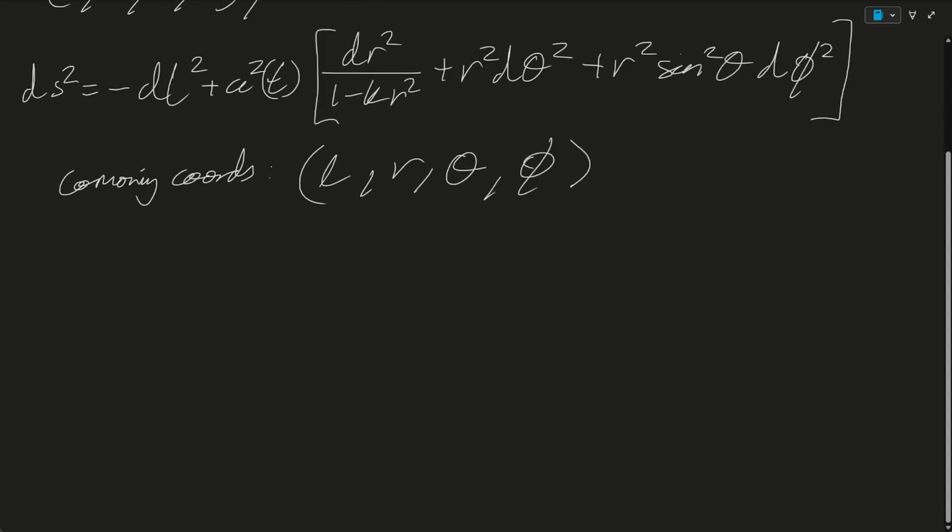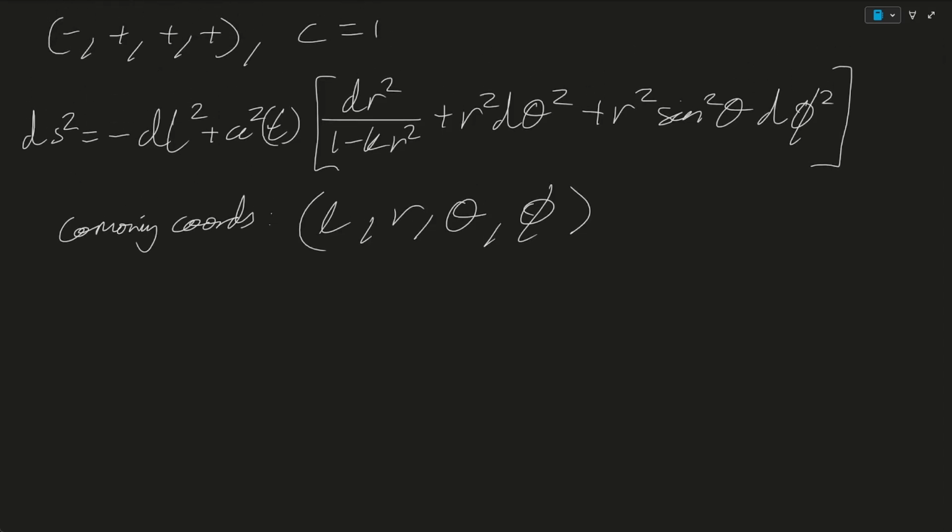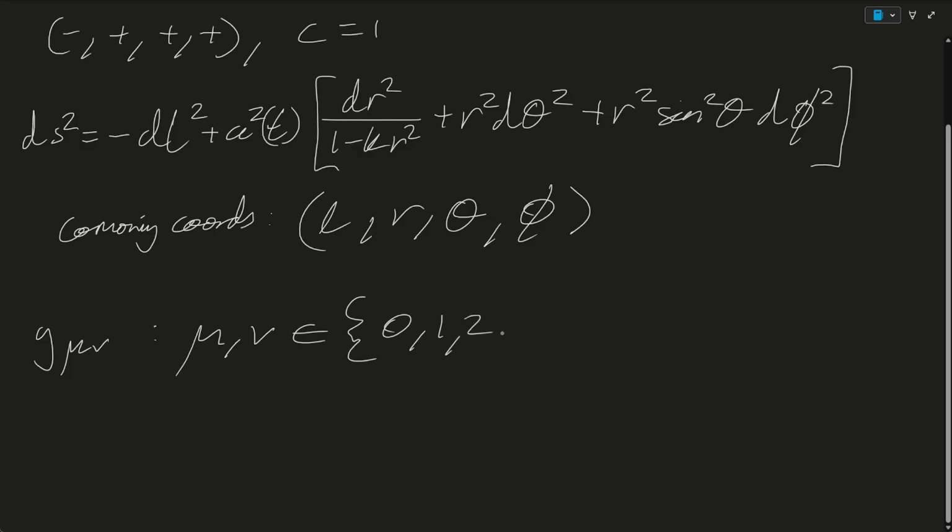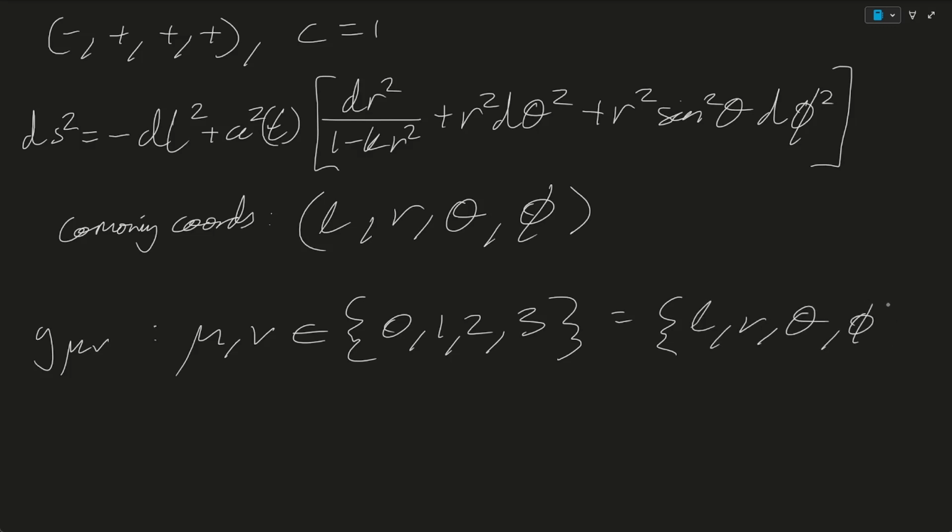So let's move on and look at components of the metric tensor. We're here looking at g mu nu, with mu and nu being members of just 0, 1, 2, 3, which is of course just our t, r, theta, phi.